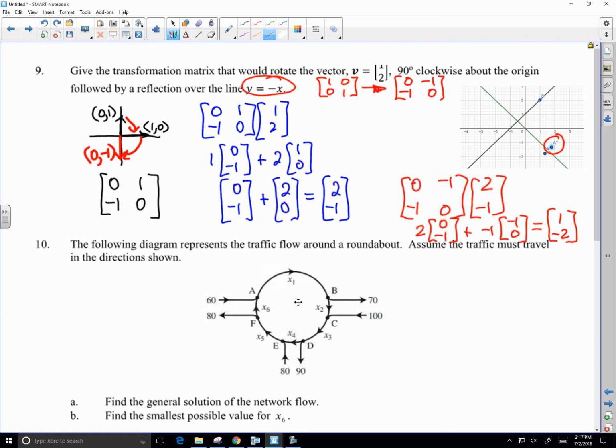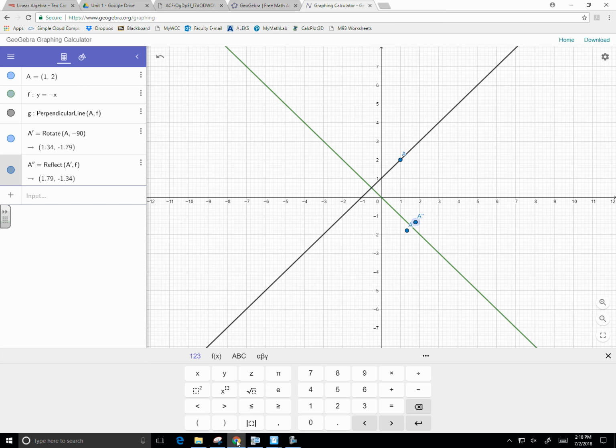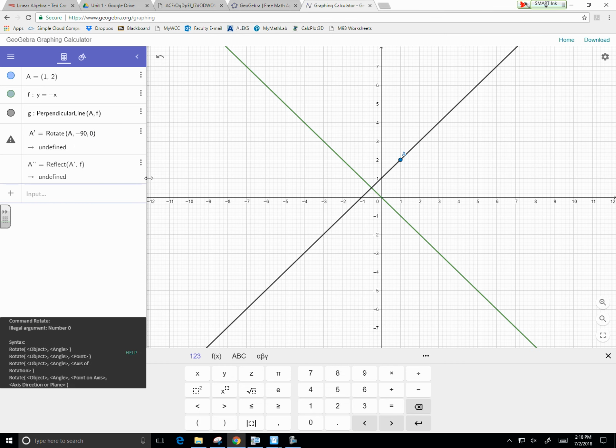That doesn't look like that, though. I think GeoGebra is letting me down here, because the rotation should have been clean, but it gave a decimal. Around 0, maybe? No, there's something wrong with the rotation.